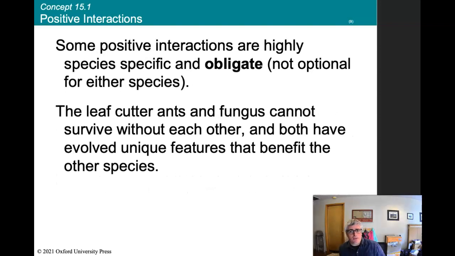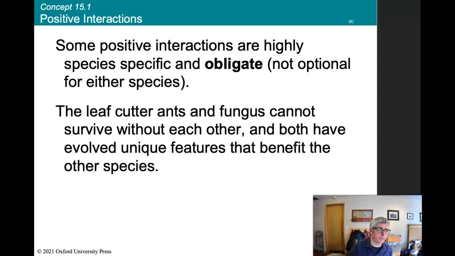Positive interactions are highly species specific and often obligate, meaning that they only occur together, and if that interaction is lost, then both of those organisms cannot survive. A leafcutter ant is an example of an obligate interaction.